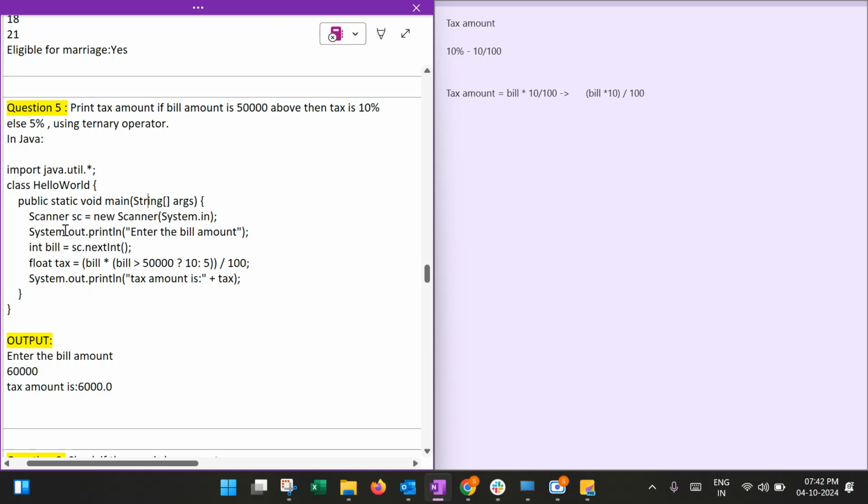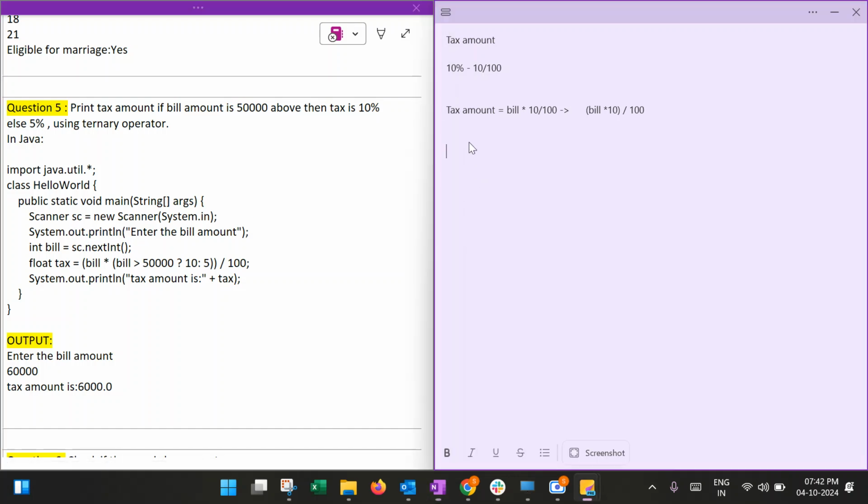Then we are printing System.out.println, enter the bill amount. So in the console, the first statement will be enter the bill amount.